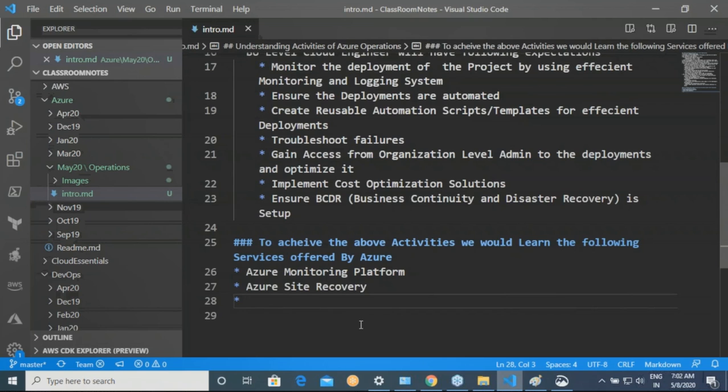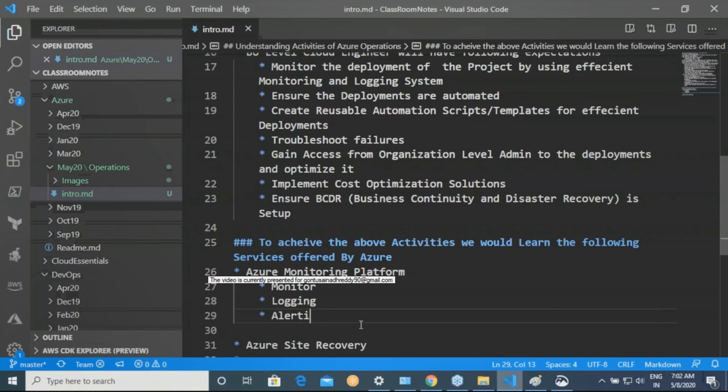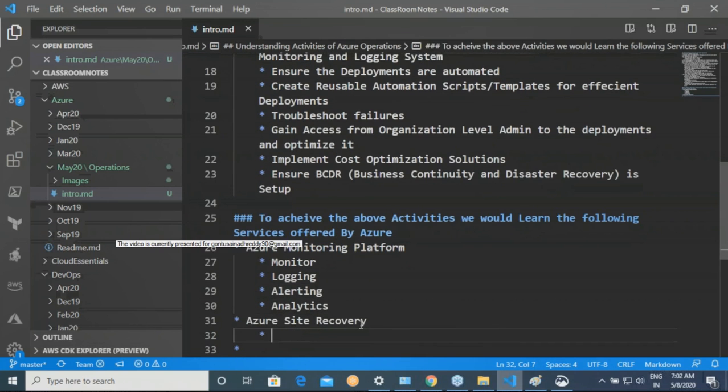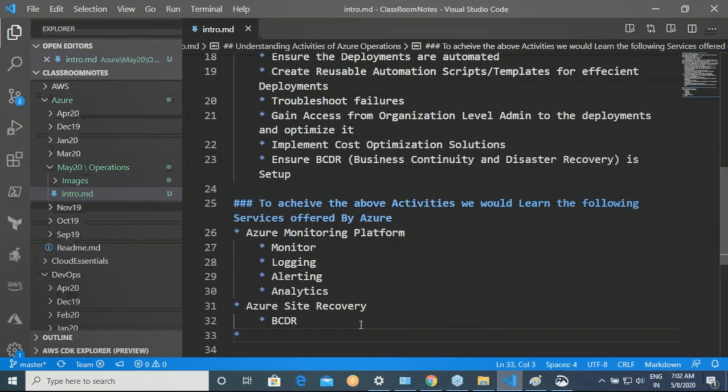And now in this monitoring platform, we will try to look at services which will help in monitoring, logging, alerting, analytics. Okay. So Azure site recovery for BCDR, business continuity and disaster recovery, and Azure backup.